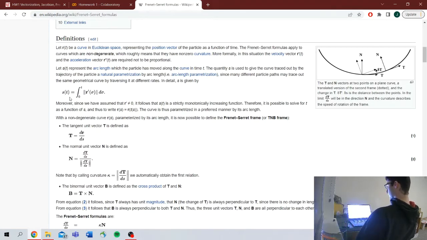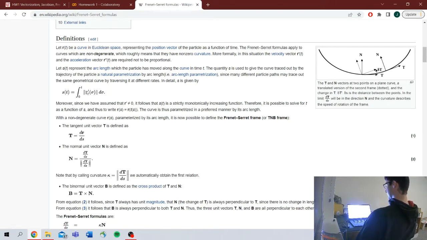So we're going to take the derivative of both sides with respect to time. So we'll get the change in arc length over time is equal to the norm of the derivative of the curve. And norm is a linear algebra function that we'll be able to use through NumPy.